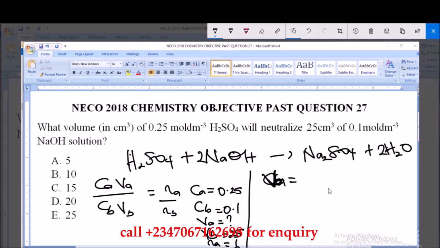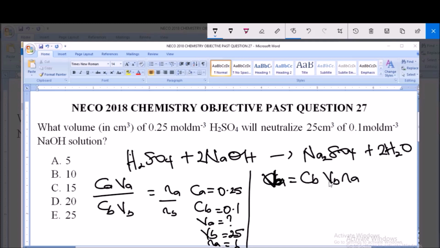So from that we can say Va is equal to Cb Vb Na all over Ca Nb. So we've made Va the subject of the formula by cross multiplying.